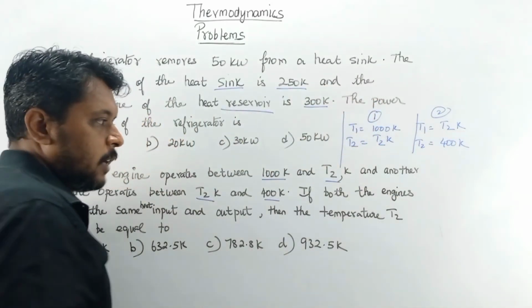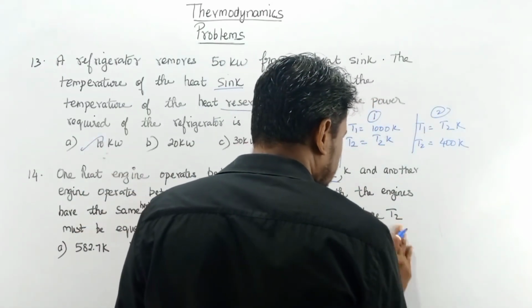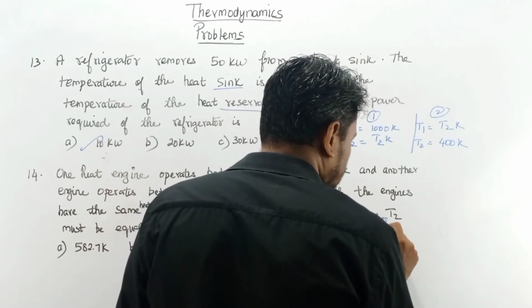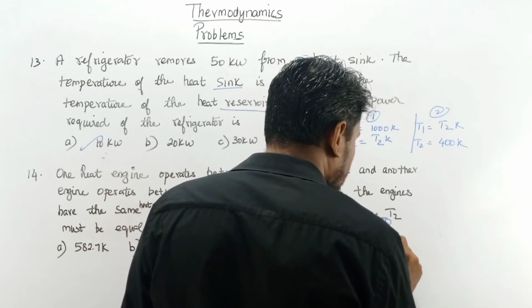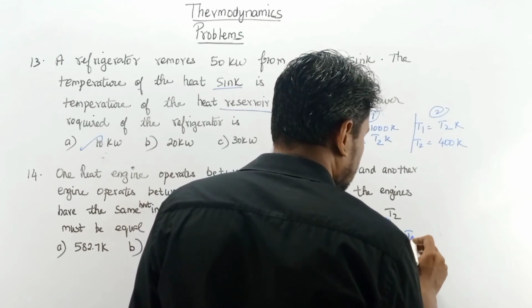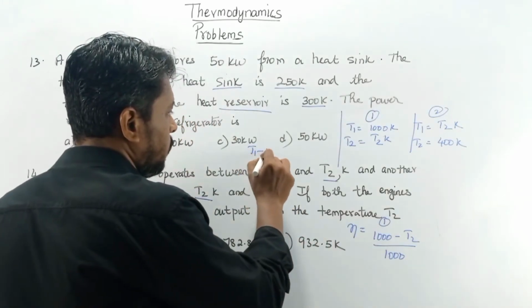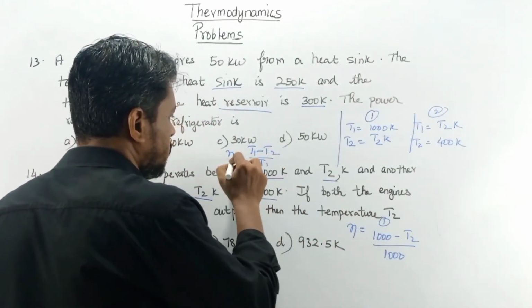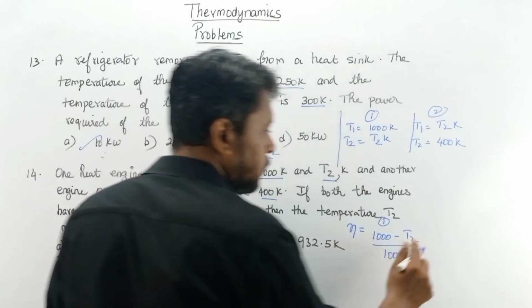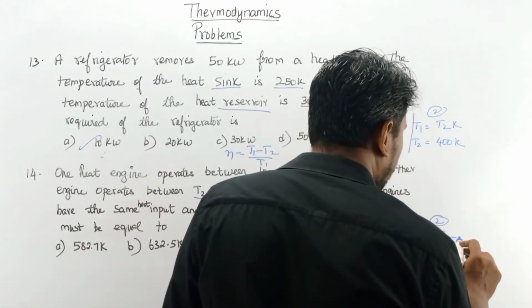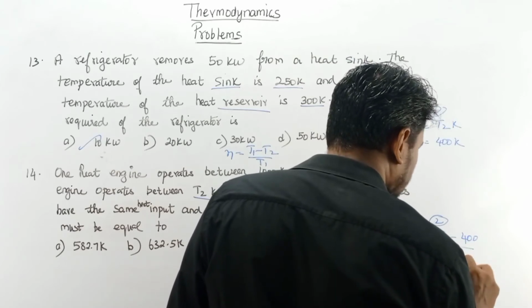You know that the efficiency is equal for both engines. For the first case, efficiency is 1000 minus T2 divided by 1000, because generally we have the formula T1 minus T2 by T1, the efficiency formula. For the second case, efficiency is equal to T2 minus 400 by T2.